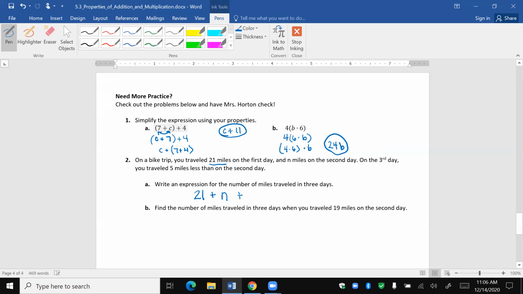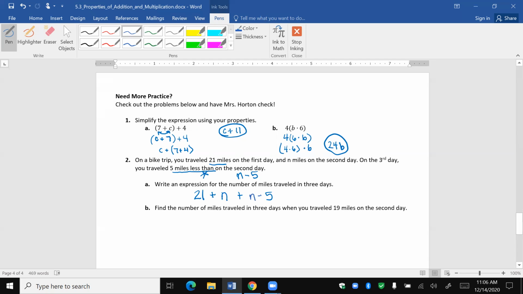And then we got to add our last one. It says you traveled 5 miles less than, so that's less than, remember, is one of those special ones. So I would have N minus 5. So N minus 5 would be our day 3. Okay, so that is our expression.